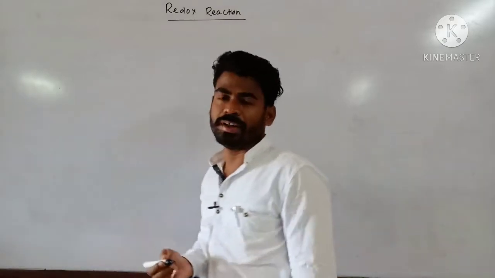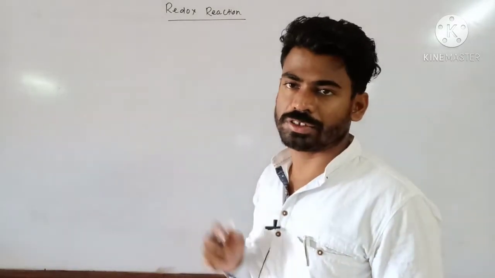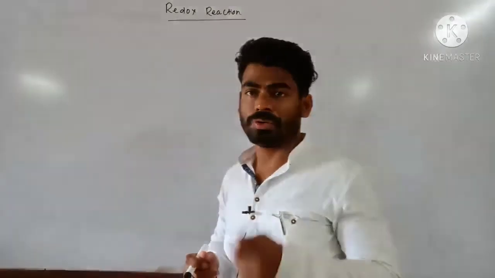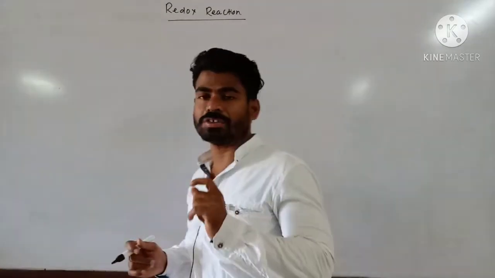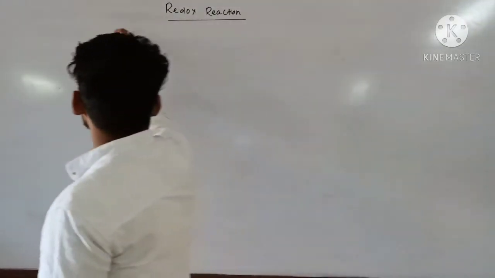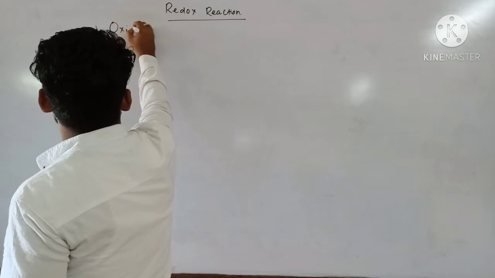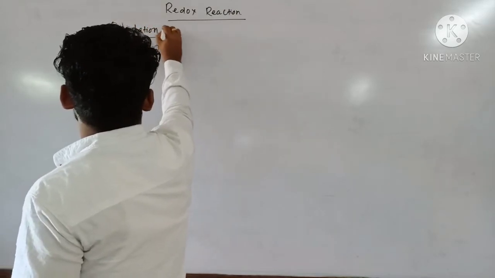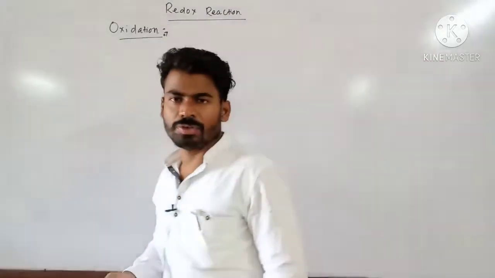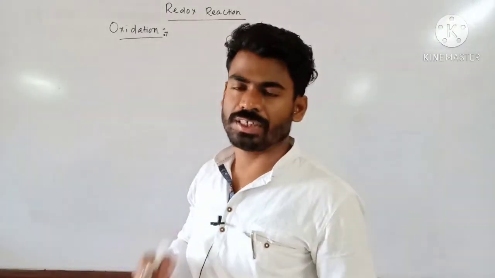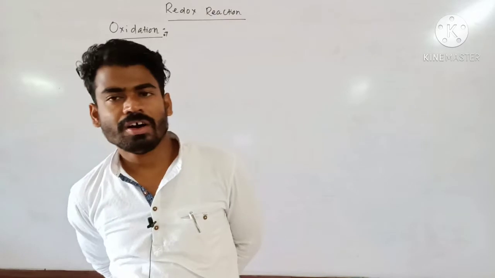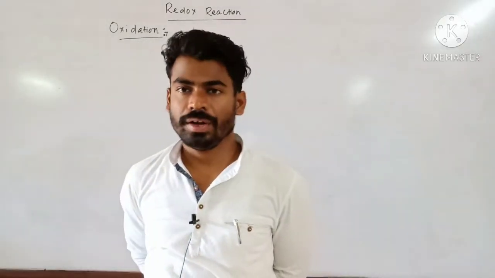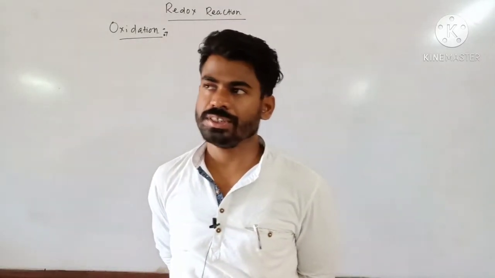So before defining the term redox reaction, let us discuss oxidation. What do you mean by oxidation? Classical concept, you know, simply the addition of oxygen is known as oxidation, or addition of any electronegative element is also known as oxidation.